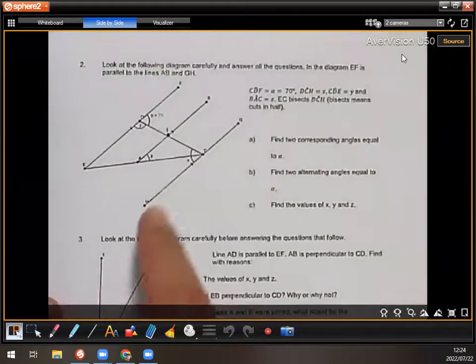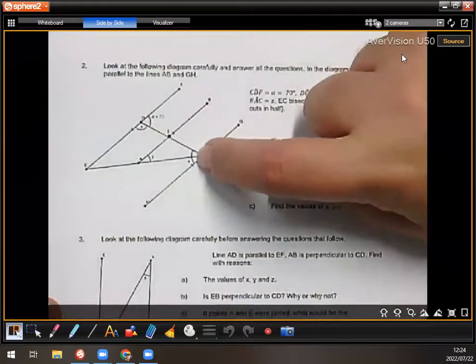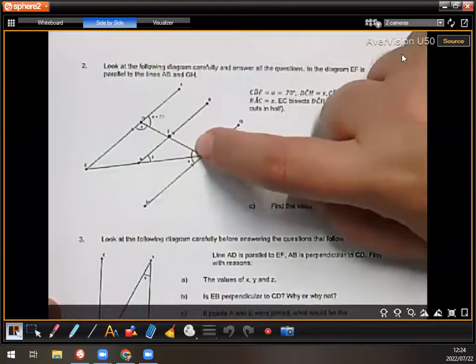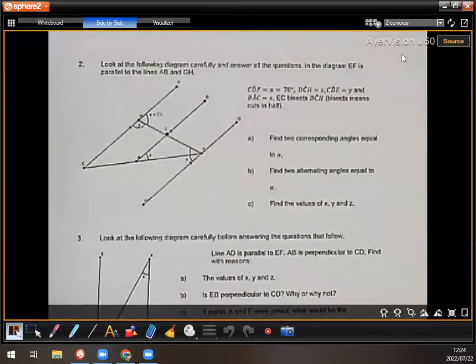Then they've given you some values there. They're saying angle CBF is equal to, now that looks like an A, it's actually alpha, but you can use A, it doesn't matter. It's 70 degrees. Can we just find that on the picture, guys? They've indicated it on the picture there. Then they have an angle that's equal to X. Now, I just need to make sure that you understand that the whole angle, you see they've made a little line there, that whole angle is X. The whole angle that has the line going over this.